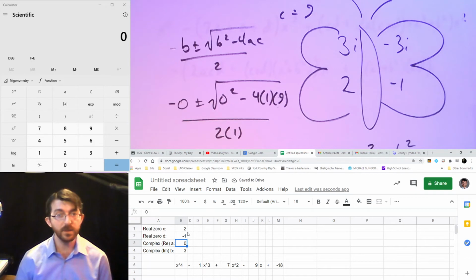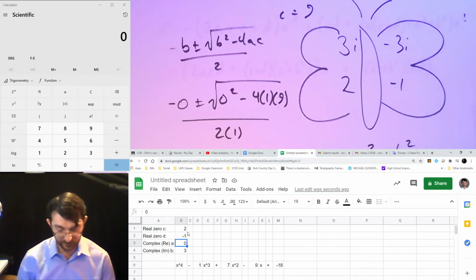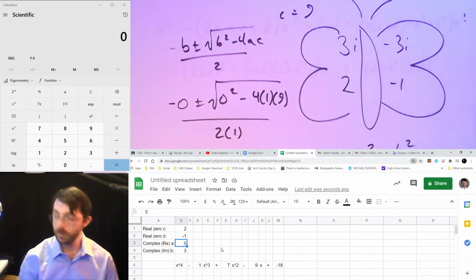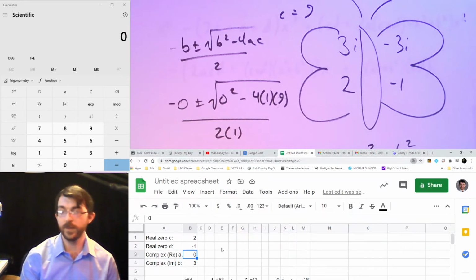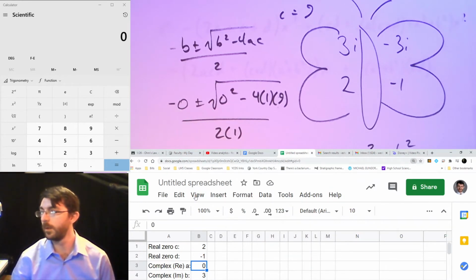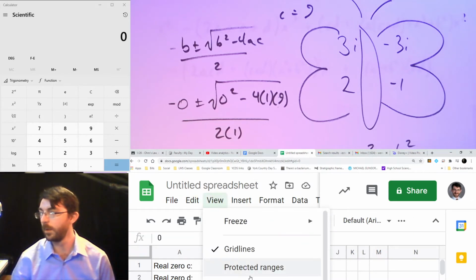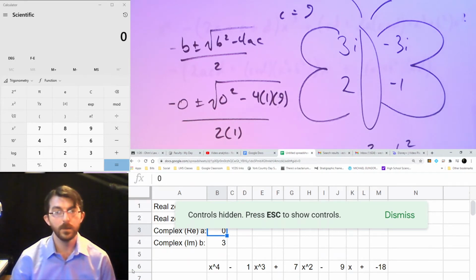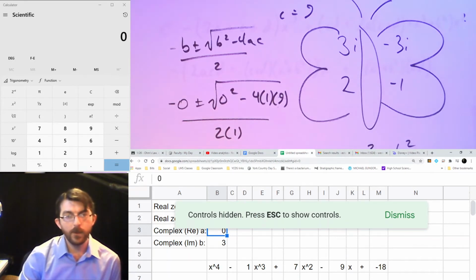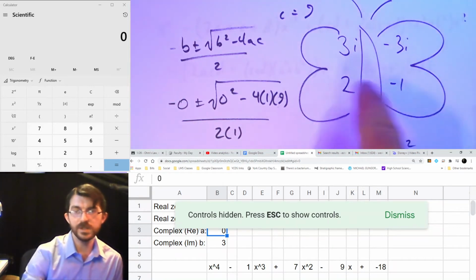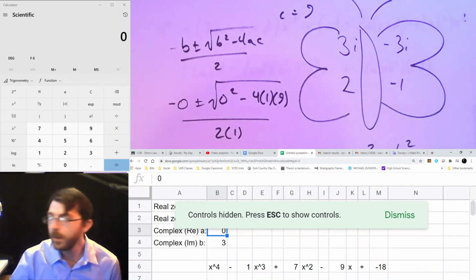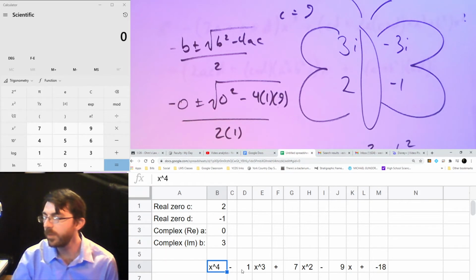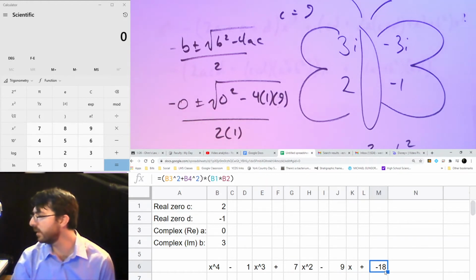According to this calculator thing that I've just made, if I could zoom in on that a bit, a fourth power polynomial that has these 4 zeros should be, let's see, x to the 4th minus x cubed plus 7x squared minus 9x minus 18.